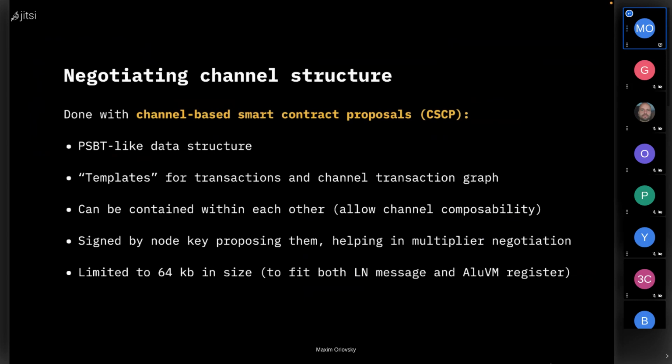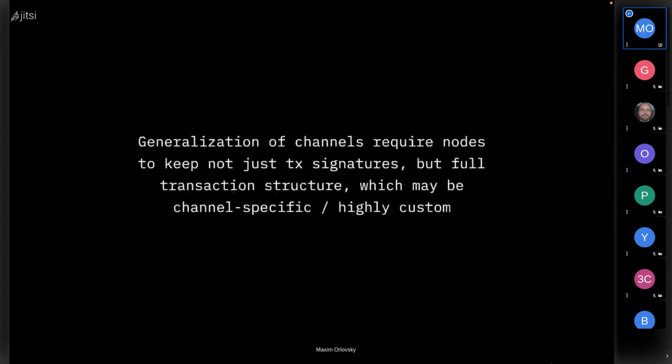Here, we do pretty much the same data structure, but slightly more evolved. These CSCPs will work as a template for transaction and channel transaction graphs. So they will contain not just a single transaction, but a graph of interconnected transactions. And these CSCPs can be contained within each other, allowing channel composability, as was shown on this slide.